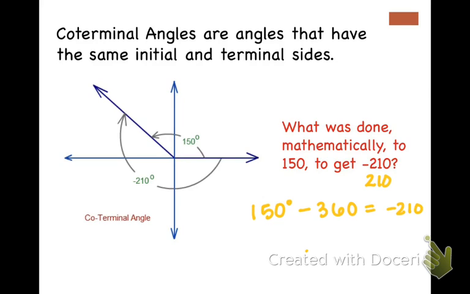Whether you open positive or negative, if they are coterminal, they're always going to be connected to this 360 degrees. So if I had known that this angle here was 150 degrees, and I'm trying to figure this one out, okay, what's the coterminal angle? One thing you can always do is subtract 360. That will give you the negative coterminal angle.